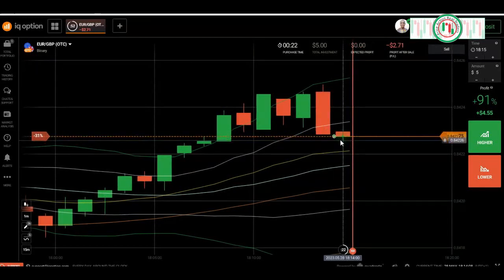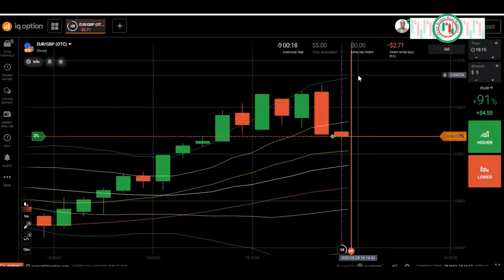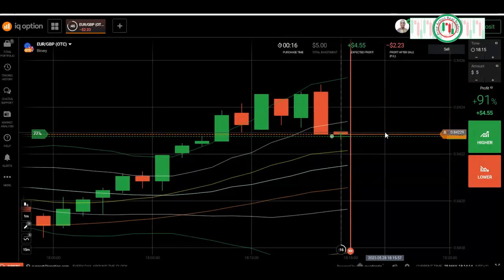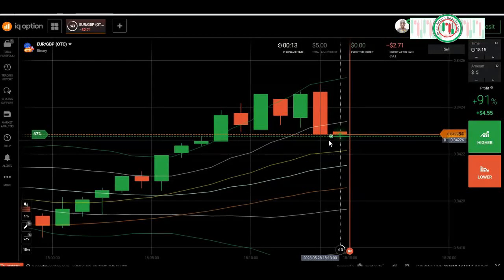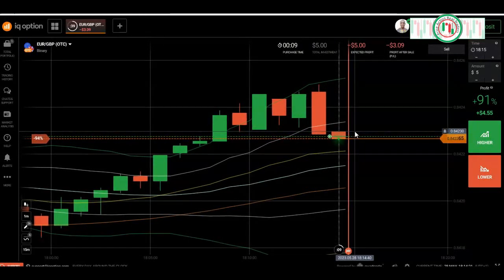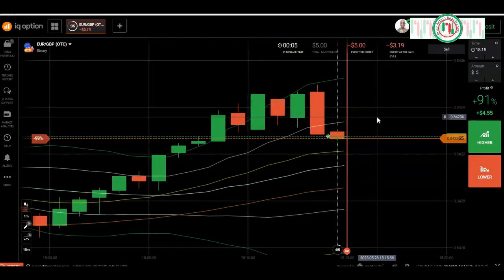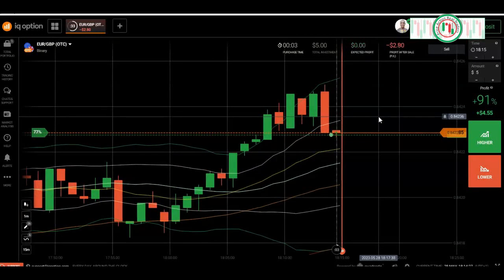So here I place my trade, call option, because of this zone, up down, then market will go up here. Even with this little bit of gap up, I know definitely market is going up here. Yes, market must go up, so that's why I place my trade call option.